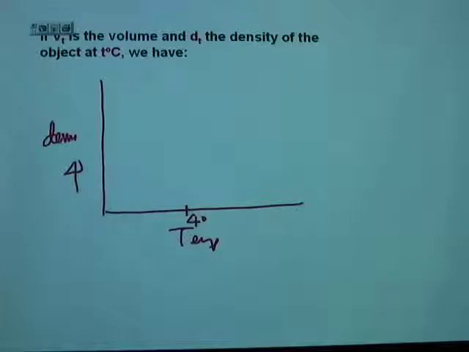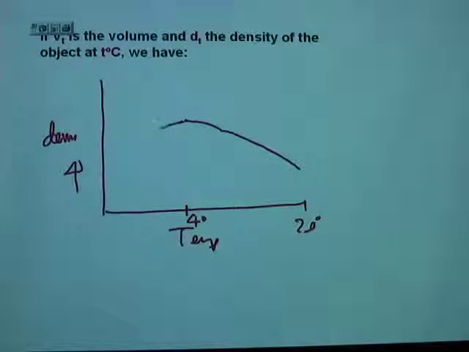If you cool down water from room temperature, suppose this is 20 degrees Celsius, to 4 degrees, its density will increase, and the density of water is maximum at 4 degrees.